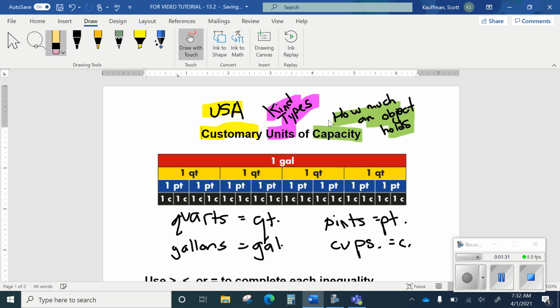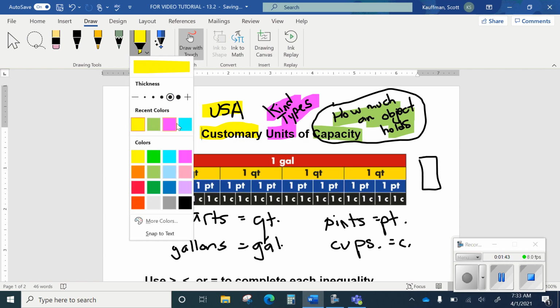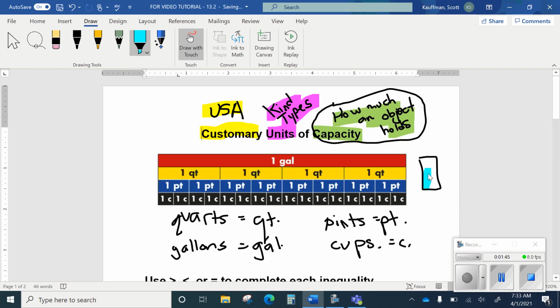Now, what is capacity? Well, capacity is how much an object holds. So if you think of your favorite soda bottle or water glass, it holds an amount of liquid, okay? So that is what we call capacity.